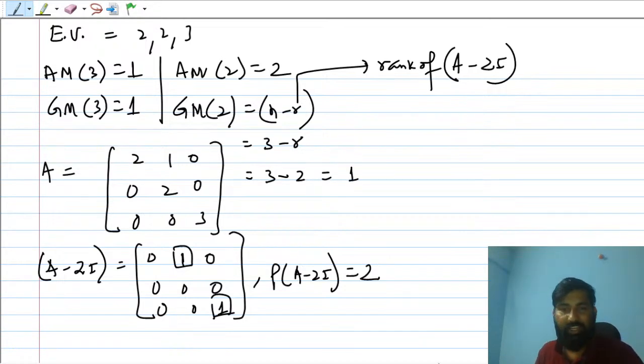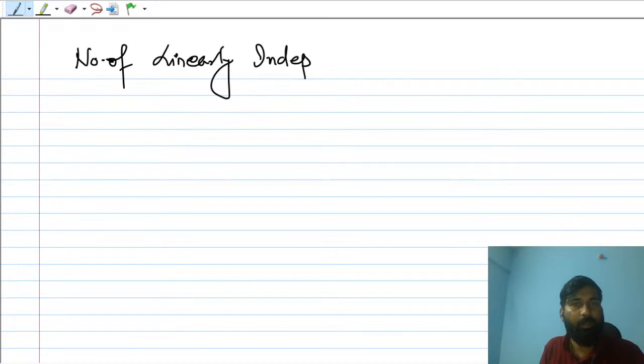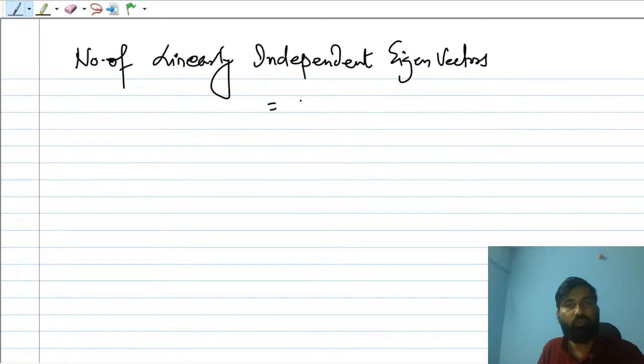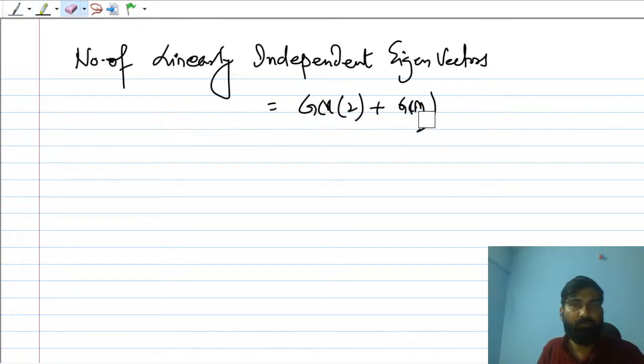So now anybody can find the number of linearly independent eigenvectors. The number of vectors will be GM of 2 plus GM of 3.